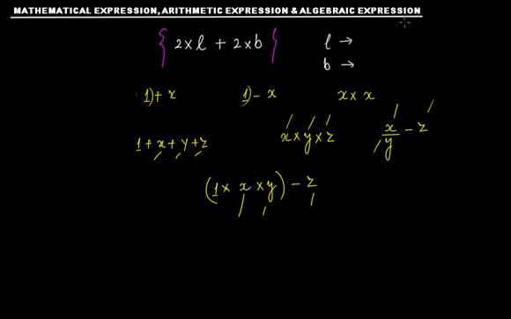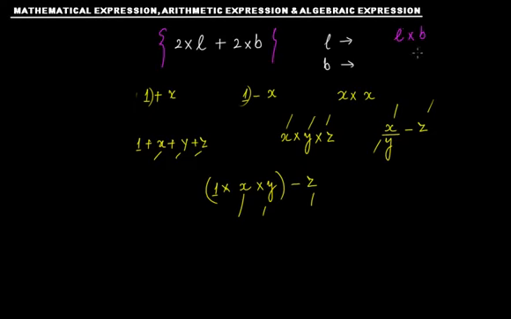If we have to write the area of a rectangle, we discussed this in algebra. The area of a rectangle will be L times b, where L is length, b is breadth, and this is the multiplication sign.